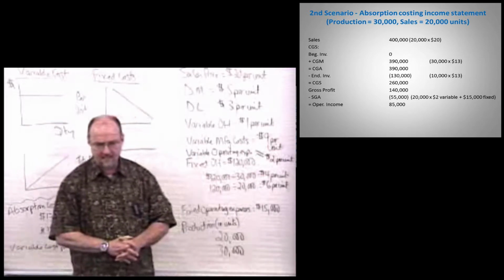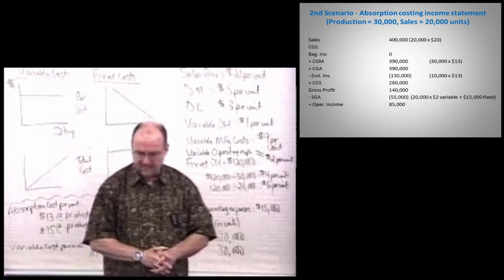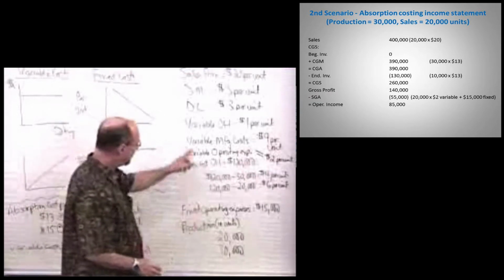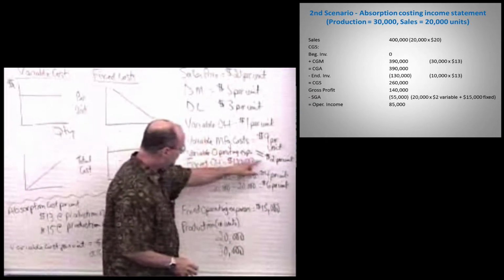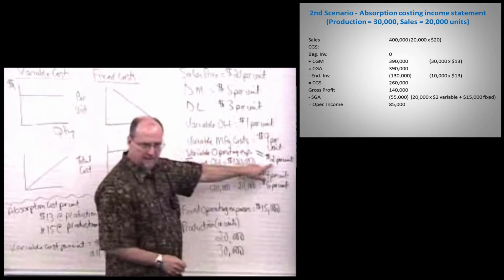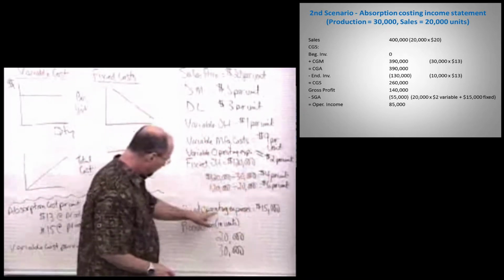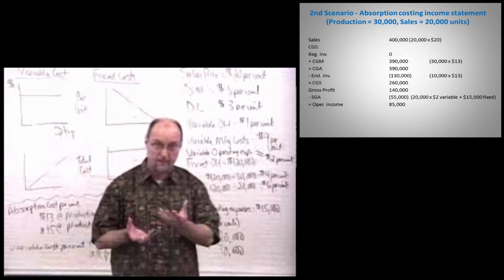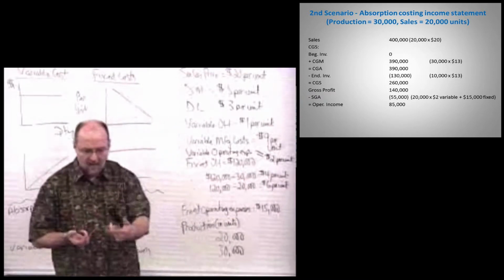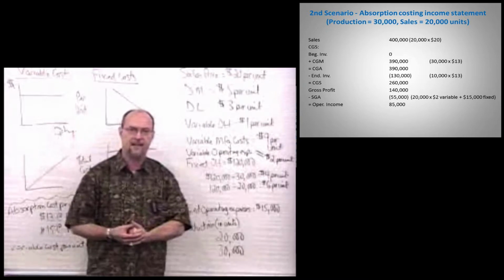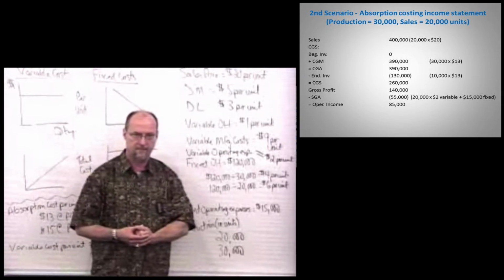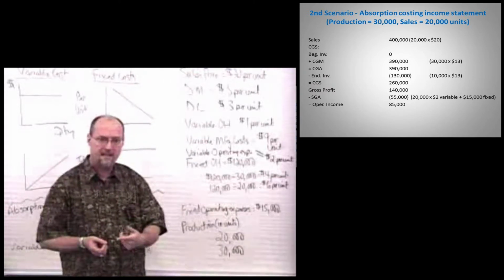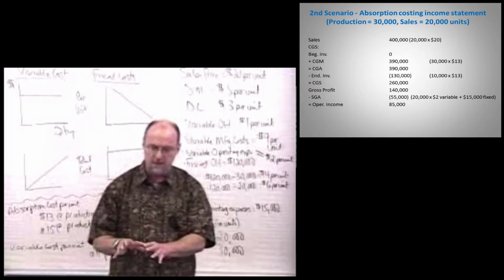My selling and administrative, or my operating expenses: I sold 20,000 units at a variable operating expense of $2 per unit, that's 40,000, plus fixed operating expenses of 15, that's 55,000. Operating income, $85,000.